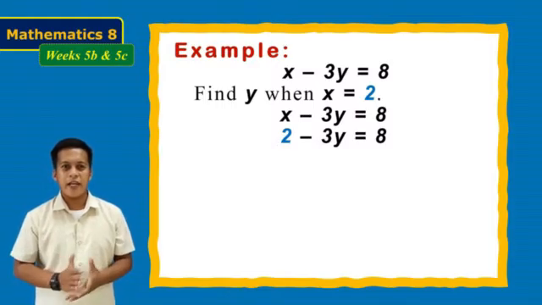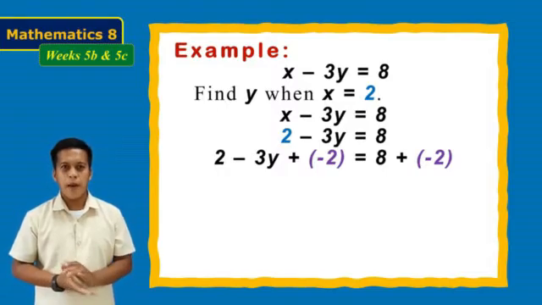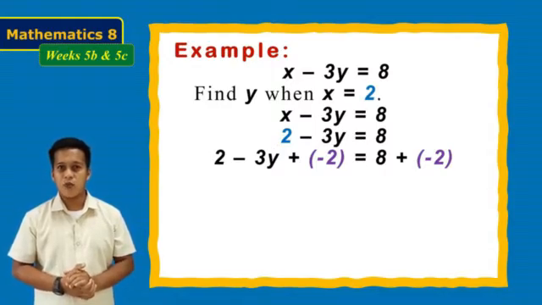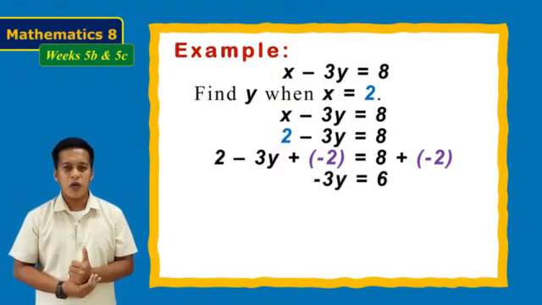Then, add negative 2 to both sides of the equation by applying the APE or addition property of equality. 2 minus 3y plus negative 2 equals 8 plus negative 2. By simplifying, we have negative 3y equals 6.